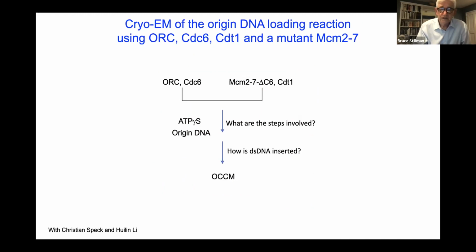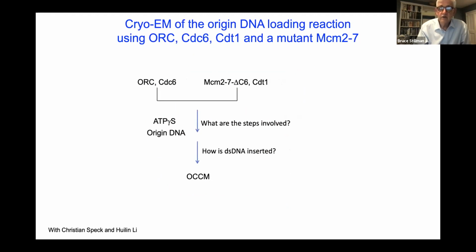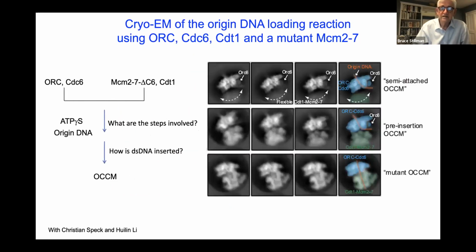So Christian's laboratory has been studying the biochemistry of this, and we have made some mutants, and the mutants have been very informative because they've been able to trap OCCMs, ORC-CDC6, CTD1 MCM complexes in various states: a semi-attached, a pre-insertion, and a mutant OCCM that's different from the wild type OCCM.